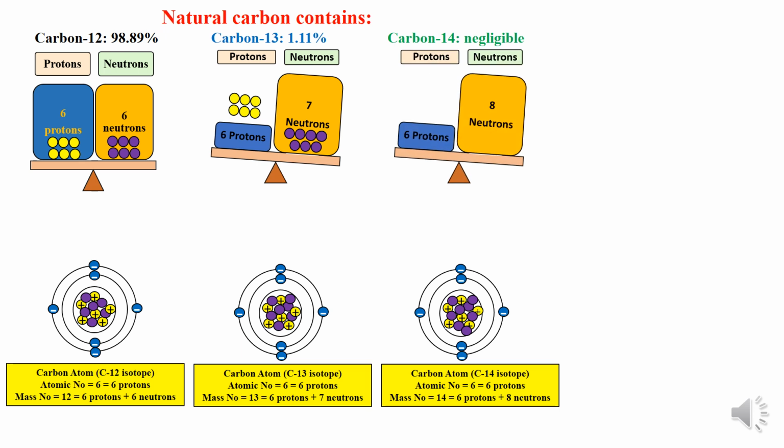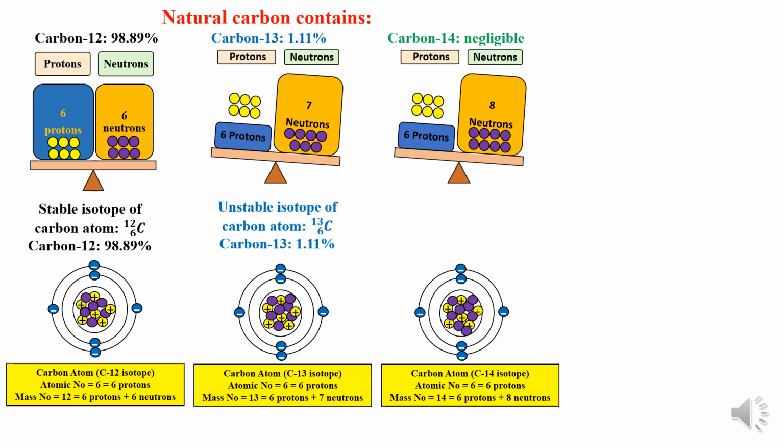In the case of C14, the nucleus of that particular isotope has 6 protons and 8 neutrons. So due to the balanced amount of protons and neutrons in the nucleus of carbon 12 isotope, it is the most stable isotope of the carbon atom.